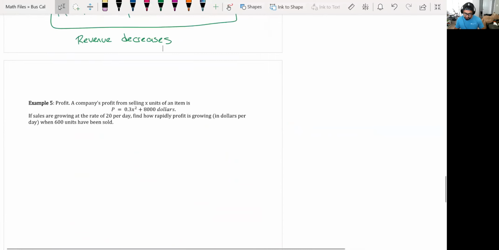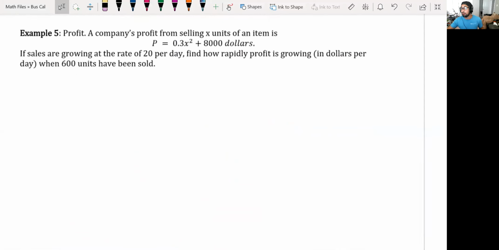Last one. Yeehaw, okay? All right. A company's profit from selling X units of an item is P equals 0.3x squared plus $8,000. If sales are growing at a rate of 20 units per day, find how rapidly profit is growing in dollars per day when 600 units have been sold.